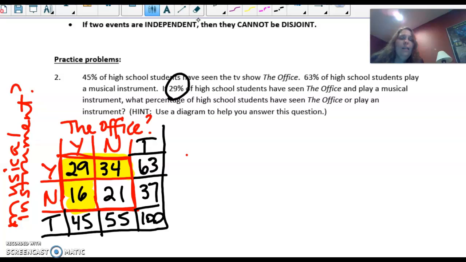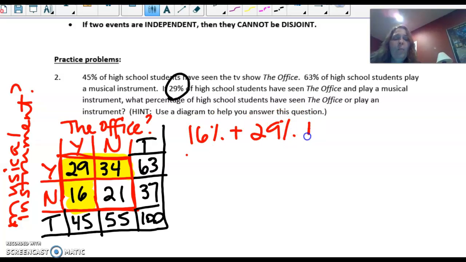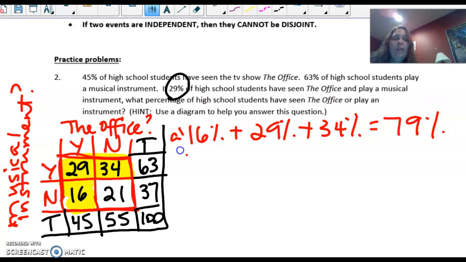It doesn't matter whether they were highlighted the first time, the second time, or both. So you could just go ahead and take the 16% plus the 29% plus the 34%, and you could get 79%. That's one way to do it.